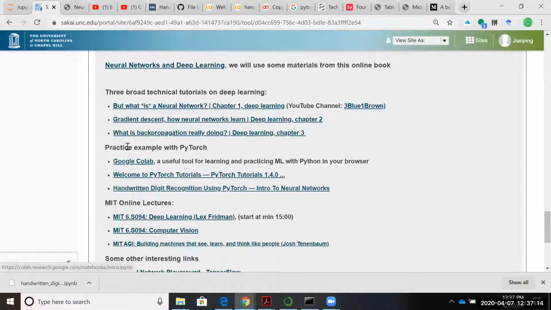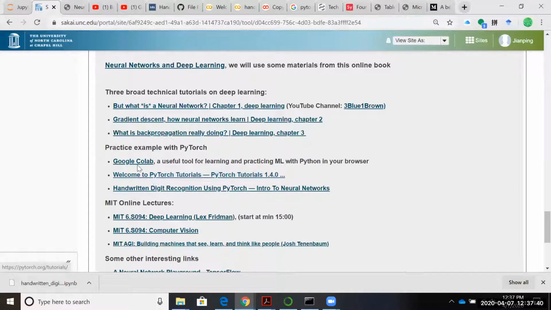Really, after going through this, you should be able to construct a neural network, write code, and do reasonable tasks of whatever you are interested in. But this practice module is based on Python, and particularly PyTorch.